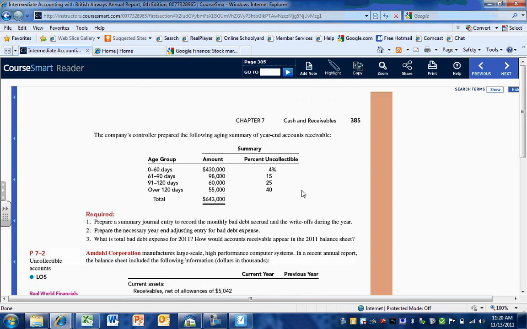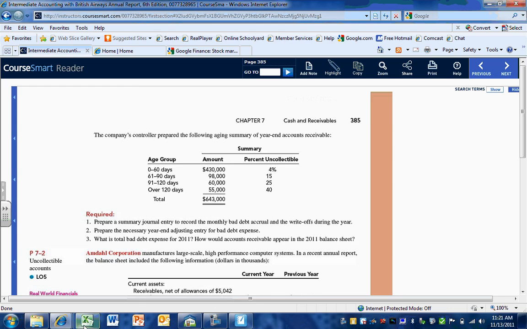The total of those will be what the balance in the allowance for doubtful accounts should be using the balance sheet method. And remember, in this hybrid method, that is the balance we want the allowance account to be. So you may have to either adjust it up or adjust it down based on this analysis. And of course, that will have an effect on the bad debt expense.